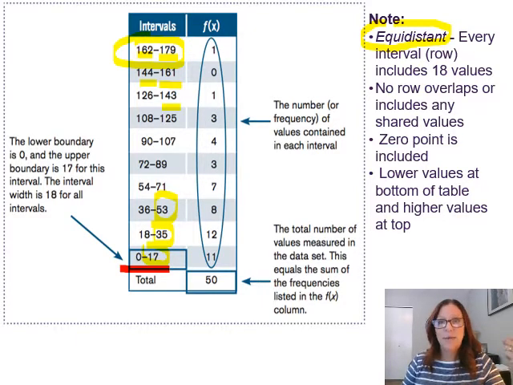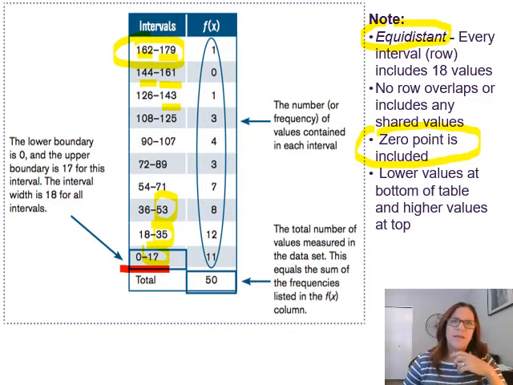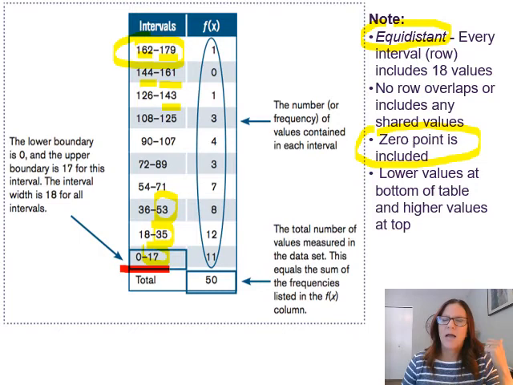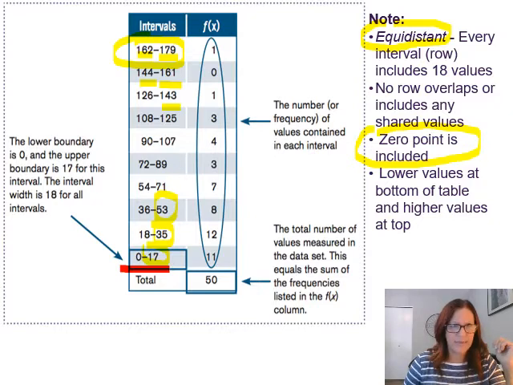A 0 point is included, so this should be part of your grouped frequency distribution. So let's just say this data started at the number 5, okay? I still want to include a 0. So what I would maybe do is, or let's just say the data didn't start until 18, the number 18, okay?